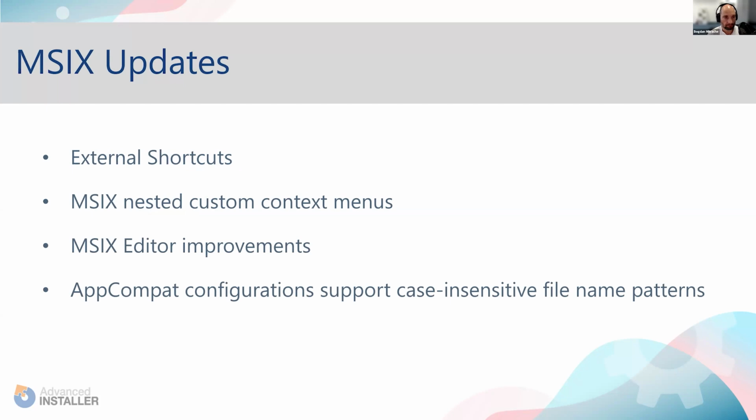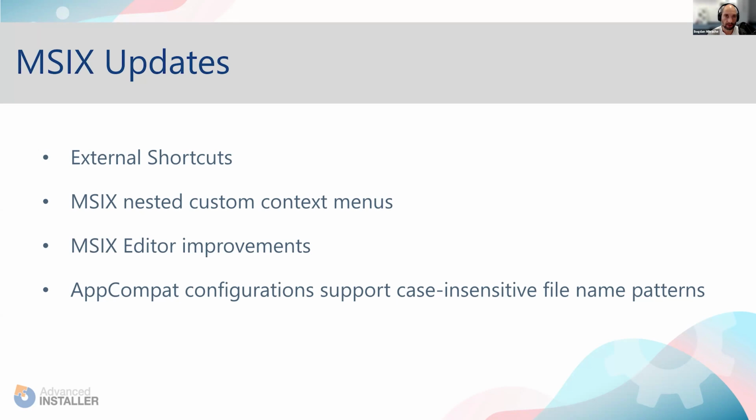MSIX, from my perspective, is going a little bit slower this year, at least from the Microsoft side, but we've still had some items on our to-do list and requests that we've seen from customers covering some limitations from the Microsoft framework, like for example, the support for external shortcuts, which you can't add using the current native support from MSIX.